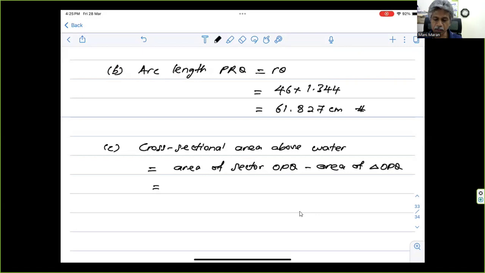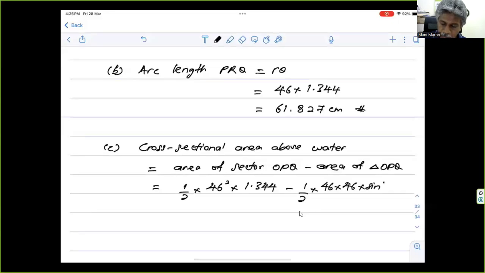Okay, area of sector is half r square theta, so this will be half times r, which is 46, squared, times theta. Theta is 1.344 radian. And we already calculated this earlier. And then area of triangle will be half AB sine C, half, A will be 46, AB times sine of 77 degree. And now the sine will be in degrees.